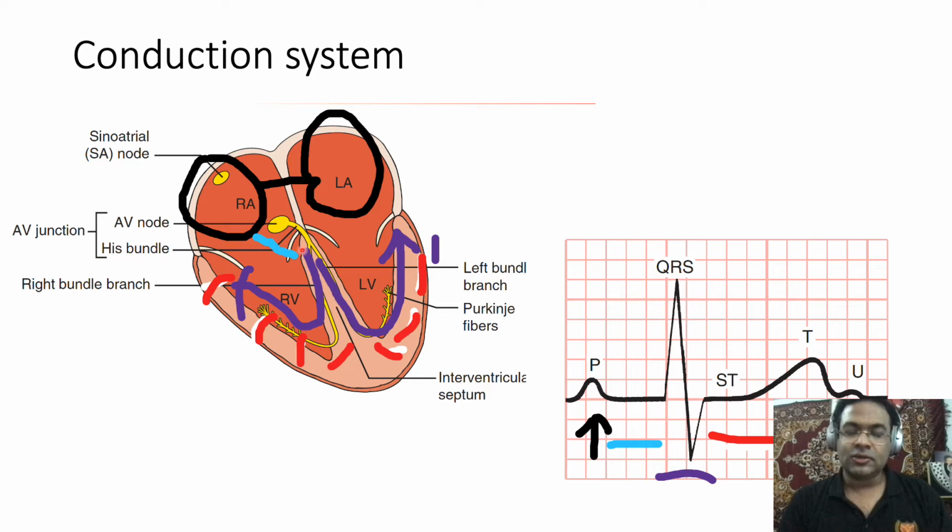So what happens is this all is towards the left side of the septum. Why is it important? We will see in the morphology of the QRS why this bundle exiting out on the left side more than the right is important to understand the morphology. Then these bundles give rise to Purkinje fibers, which are the fastest conducting fibers, and they lead to depolarization or activation of the ventricular mass.